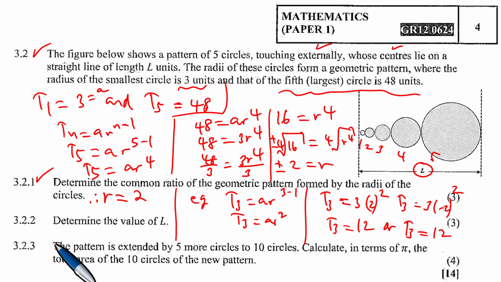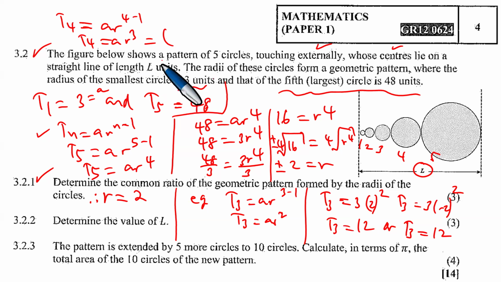Now, here it is not evident, so let's look at the fourth term. The general term for the geometric pattern is Tn equals AR to n minus 1, so T4 would be AR to the 4 minus 1. T4 is going to be AR cubed, where A is the first term, which is equal to what?